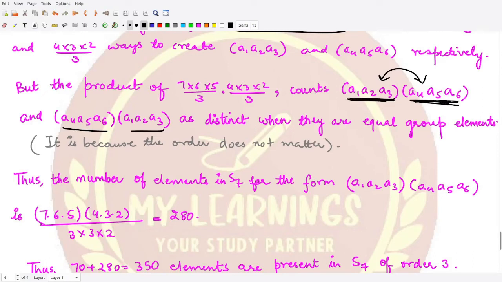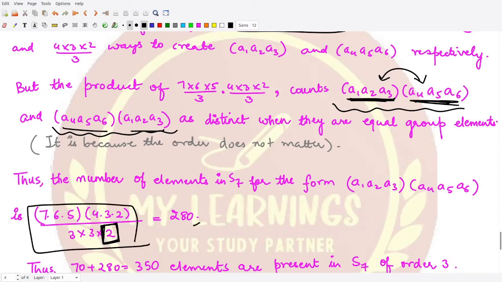Our counting treats these differently, however they represent the same permutation because two disjoint cycles commute with each other. So that means we are counting such pairs twice in our calculation. So we divide by another 2 in order to make the result correct. When you solve this, you get 280 as the number.